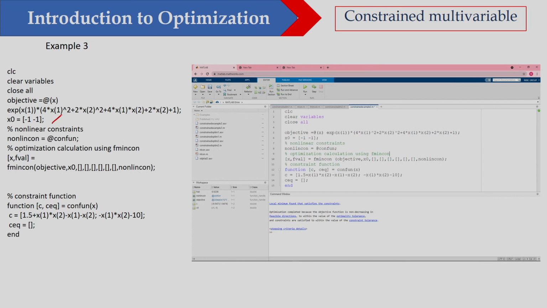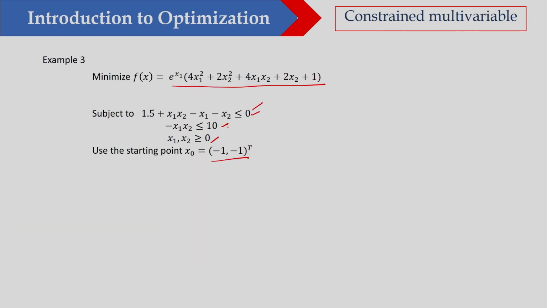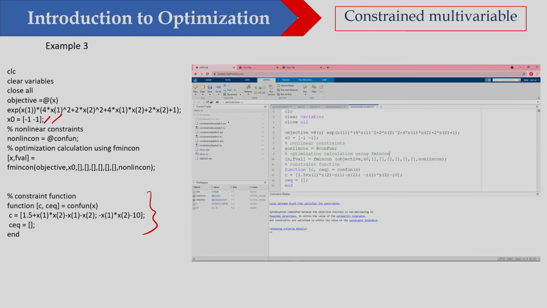So, this is the objective function, then this is the initial point, minus 1 minus 1, and I have defined here the constraint function. So, we have 2 constraints. So, this is an inequality type constraint, and the second one is also an inequality type constraint. So, this is your first constraint, C1, and this is your second constraint.